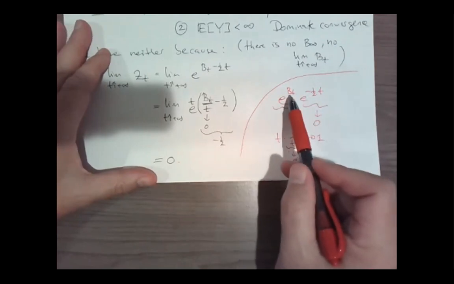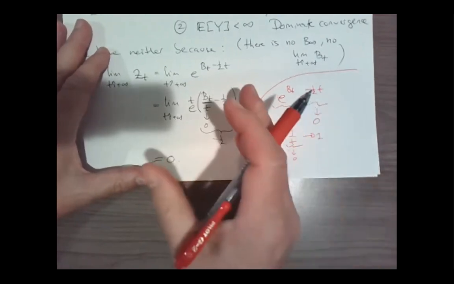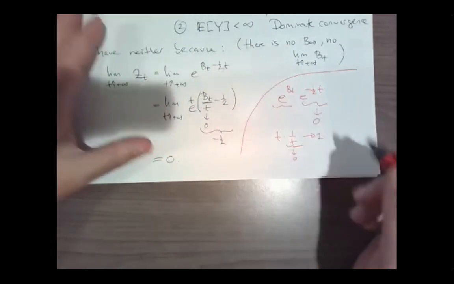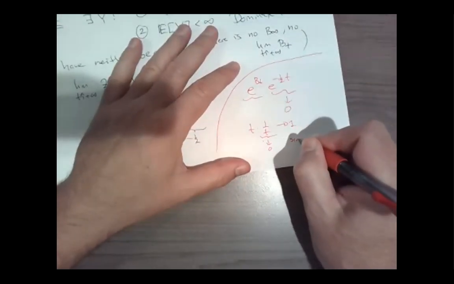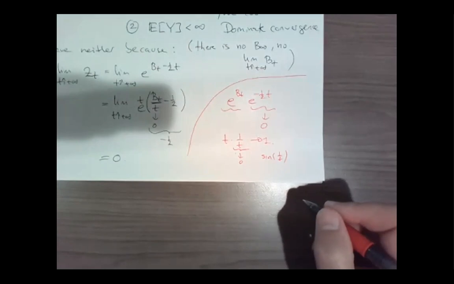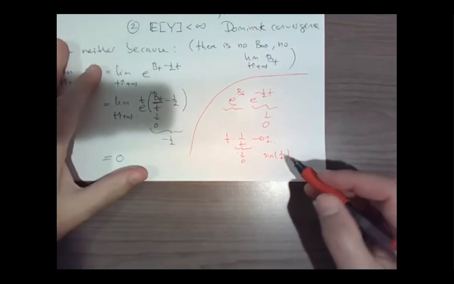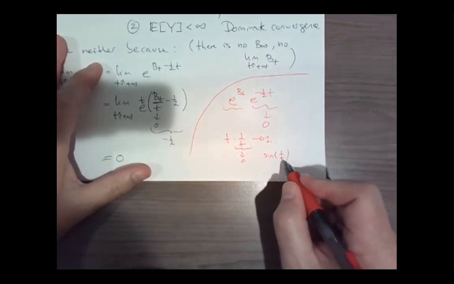So this one doesn't have a limit. But if you had a bound, like something that oscillates like crazy, like sine 1 over t, it doesn't have a limit as t goes to 0.